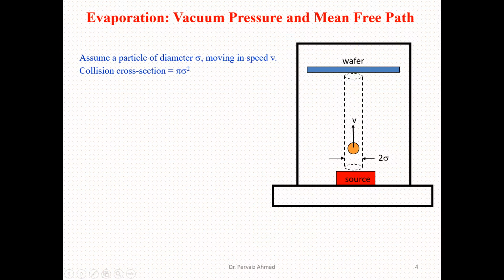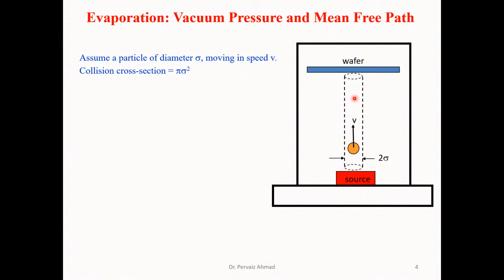So let's draw some basic relations, how the mean free path affects the vacuum for the thin film deposition by evaporation. Let's assume we have a source. From this source, particles move with speed v towards the wafer.